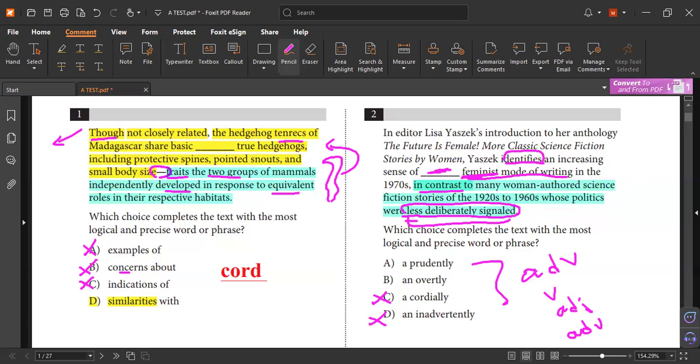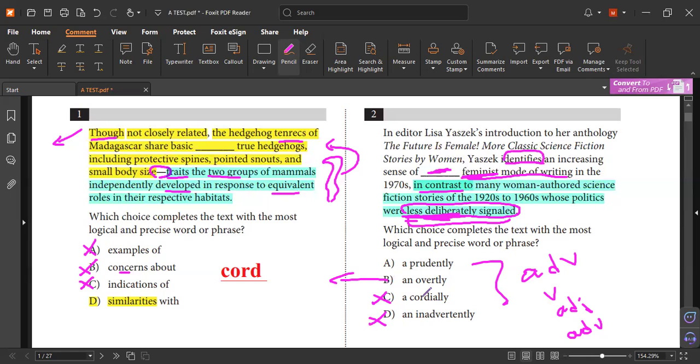What is it? I think prudently, it's A. Right, but remember prudently means cautiously. When you do something in a cautious way or carefully, you are worried about the consequences. But here it does not describe how the women show in their work. But look at letter B, it's opposite to less deliberately. What does overt mean?